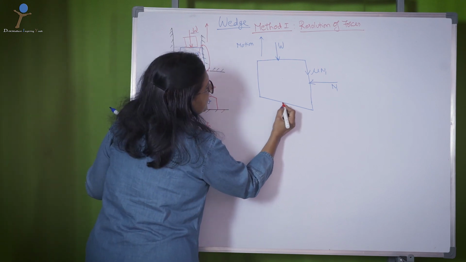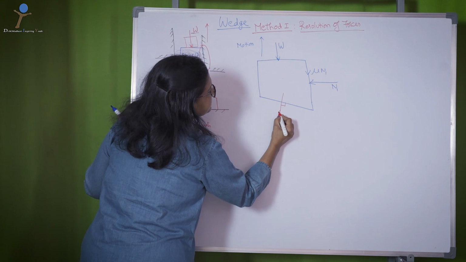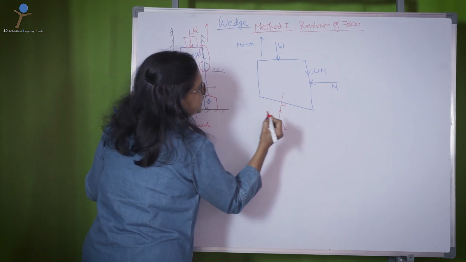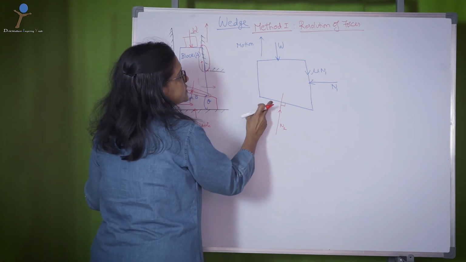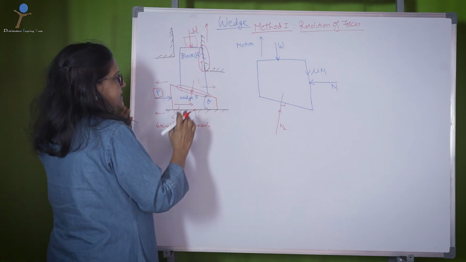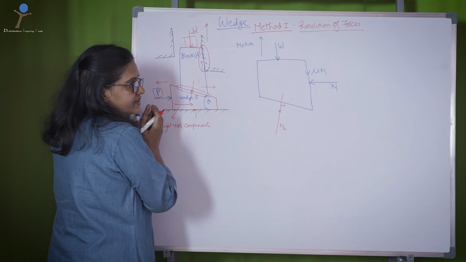Now, the next thing is this force. Draw a normal reaction which is perpendicular to this surface. I call it N2. Now, you should know whether the frictional force is in left direction or right direction. As I said, you have to represent the frictional force based on the wedge motion.